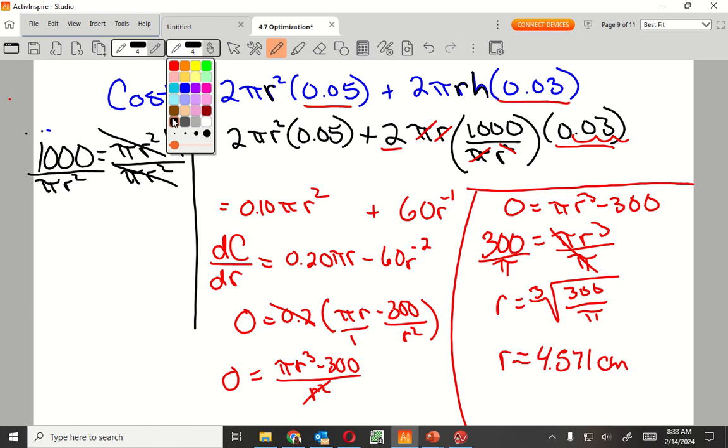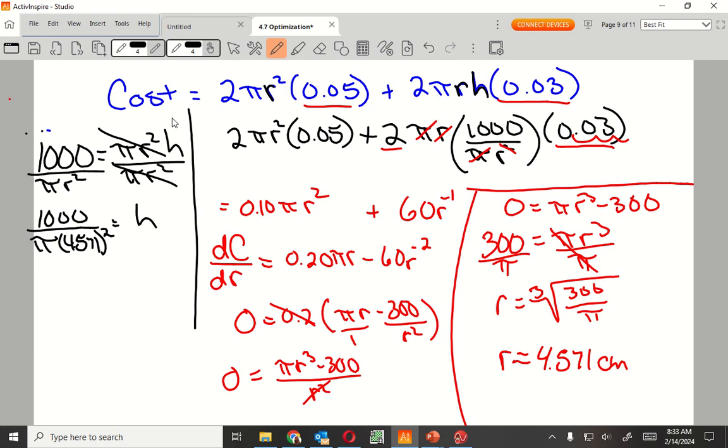So now, because I know this is my height, I'm going to have 1,000 divided by pi times 4.571 squared is equal to my height. Because all I'm doing is plugging it back into my other formula, where I have h in my formula.